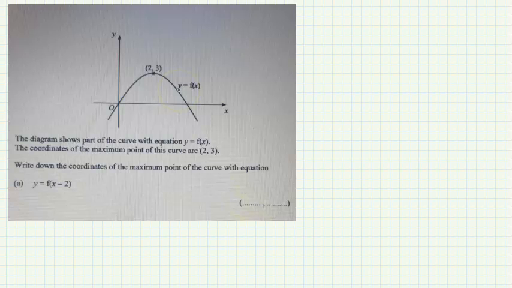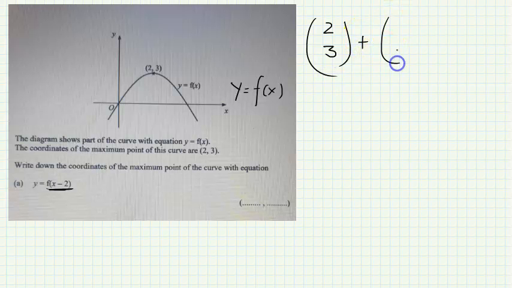Now the next question is this is the curve y is equal to f(x). The coordinate of the maximum point is 2, 3. So we have to draw the graph. So these points are 2 and 3. And we always use plus, we only change sign here. Now this is inside the bracket, so it is not going to affect y.